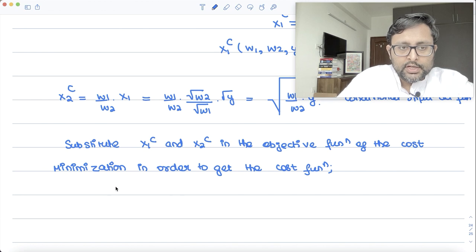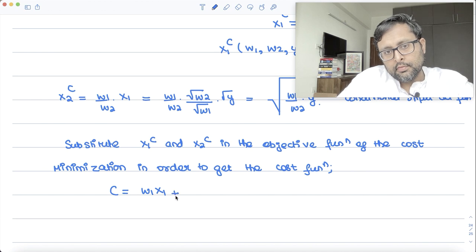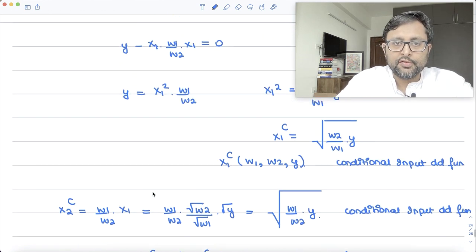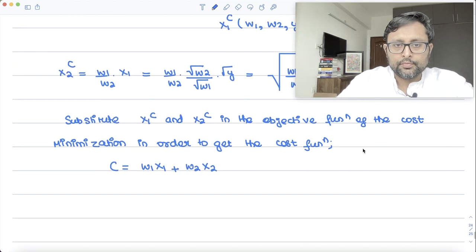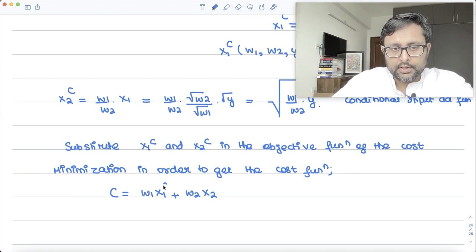So what is the objective function of the cost minimization? W1x1 plus W2x2. This is what you have minimized. This was the objective function, beta. You need to minimize this subject to the constraint, right?